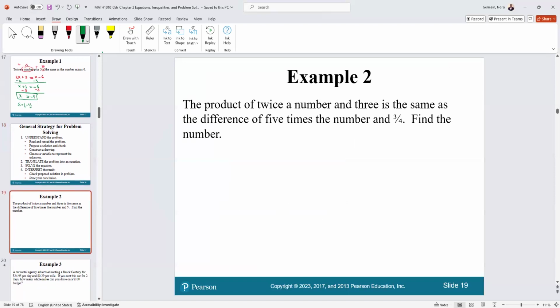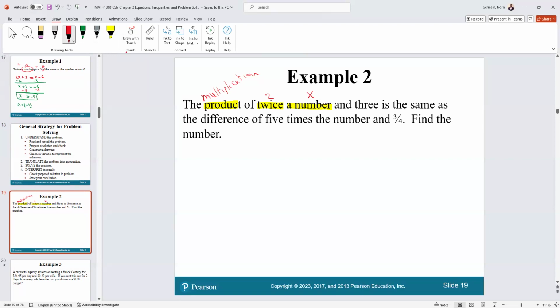Let's say, for example, they ask you to solve an equation, and they say, the product of twice a number and 3. Remember, product means multiplication. First of all, you really need to read to understand that product means multiplication. Twice means 2. A number means that's something you don't know, and when you don't know something, you replace it by x.